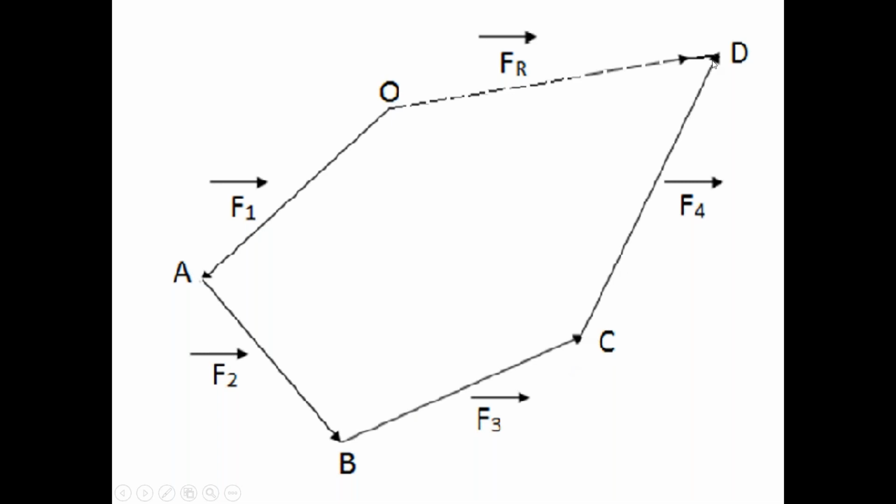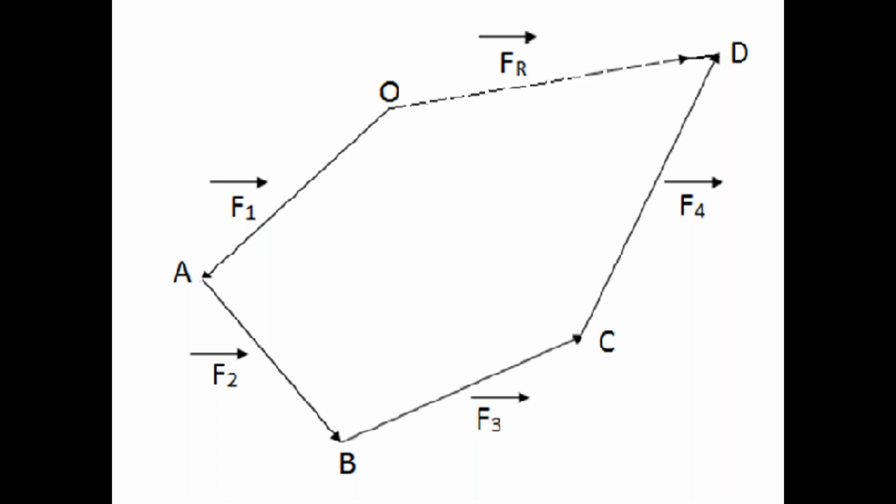We call D the ending point of the polygon. So in the diagram, point O is the starting point and point D is the ending point of the polygon.